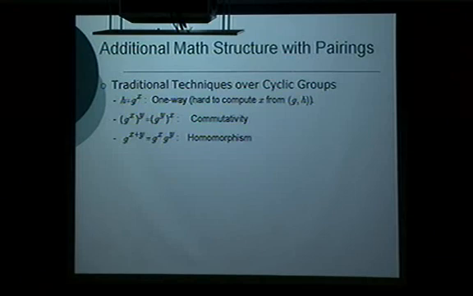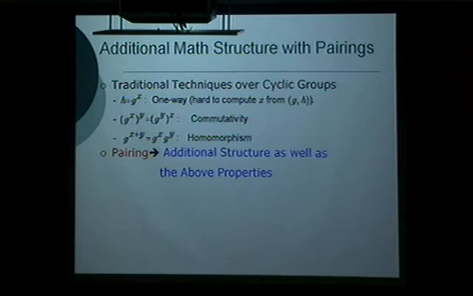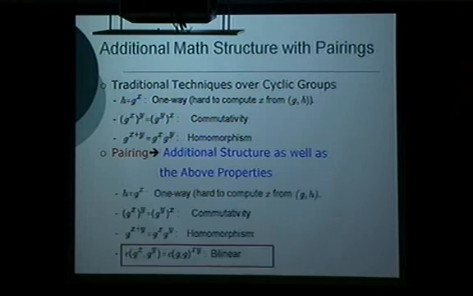But pairing provides us additional algebraic structure as well as these properties. So additional structure, additional properties: bilinearity, as you know. So this is very good in many applications.